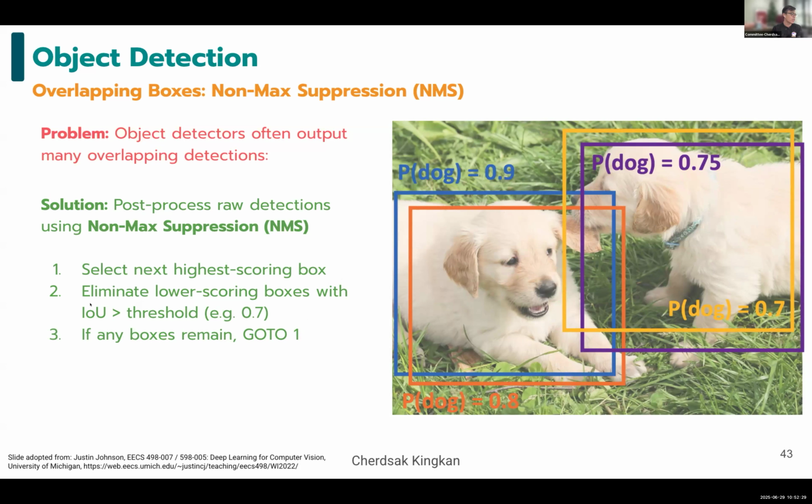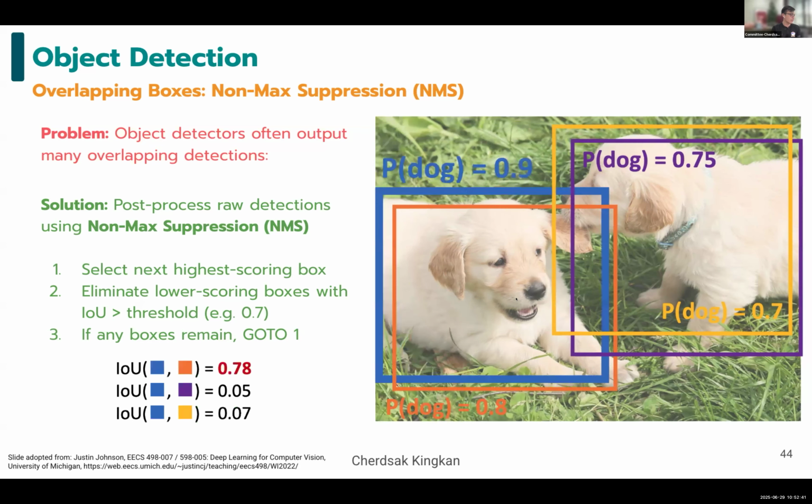Then we eliminate the lower scoring boxes with IOU greater than some threshold. What do I mean by this? We are going to find the overlap between the blue box and the rest of the regions.